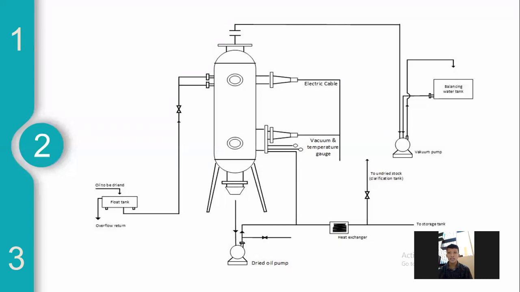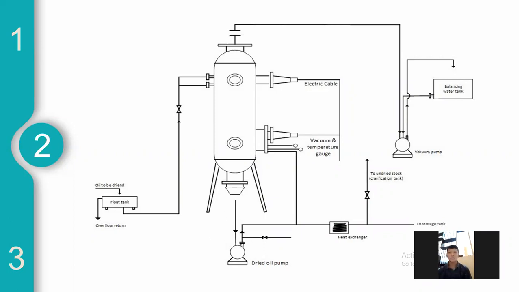Second, in the floor tank there is a tape spindle that works like an automatic valve to maintain the vacuum pressure in the vacuum chamber continuously. Third, the oil in the floor tank is sent into the vacuum dryer through 6 nozzles. The 6 nozzles are used to control the pressure and volume entering the vacuum.